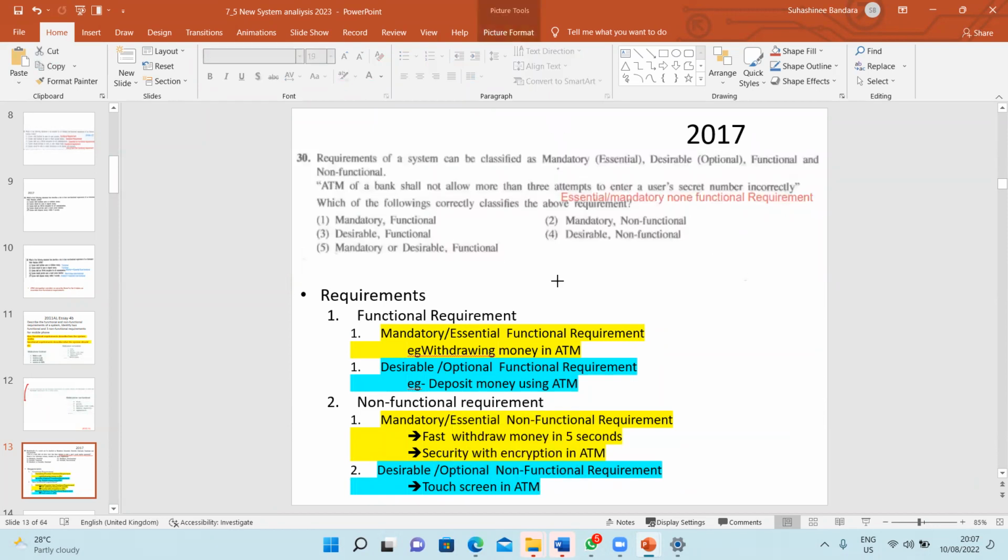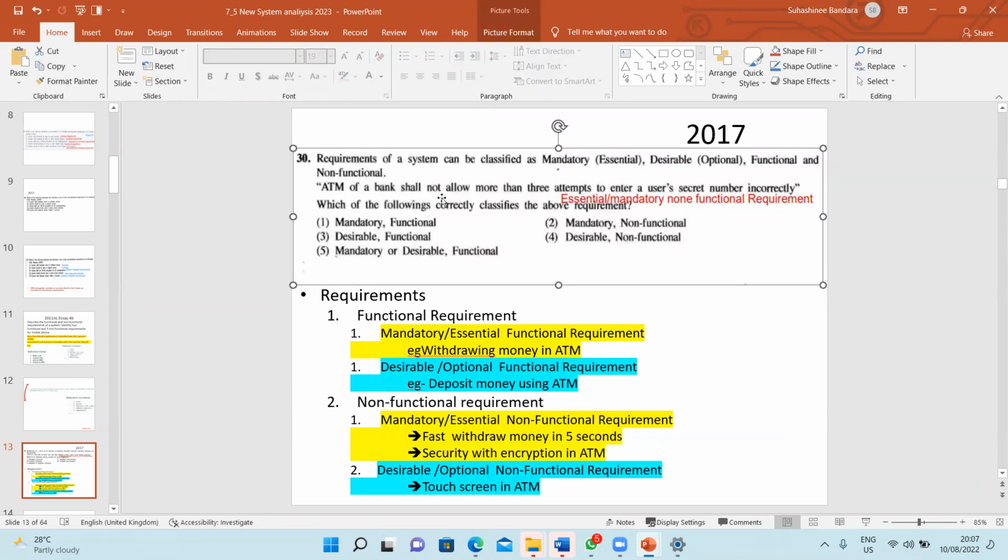Question says, mandated ATM bank shall not allow more than 3 attempts to enter user secret number incorrectly. That means only 3 times can type the wrong password. So if we put the wrong password 3 times, it will get stuck inside it. The user can't take the card back. It will be stuck there.